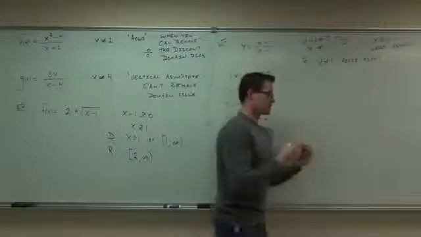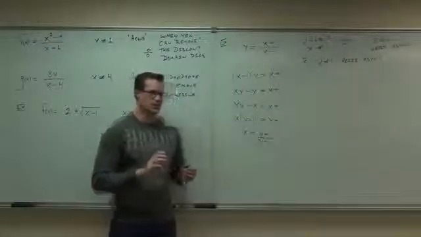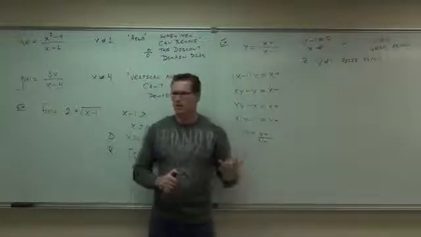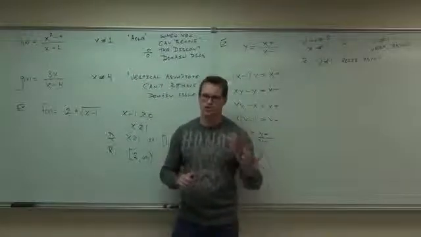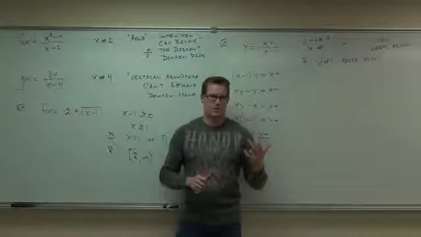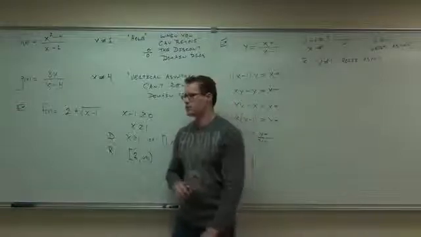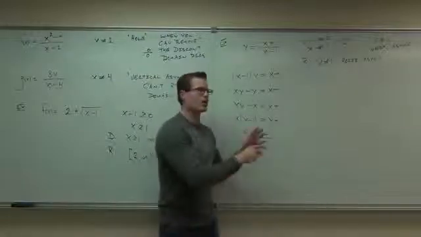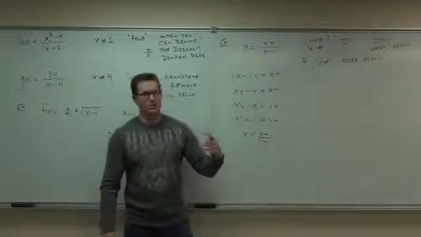Now, we're going to have a better way to find horizontal asymptotes in the future, because if you haven't noticed, this process was really easy here. But for every function, can you always solve it for your independent variable? Not even close. That'd be ridiculous. So we're going to have a better way to do that in the future, but for right now, that's how you can find your domain and your range.